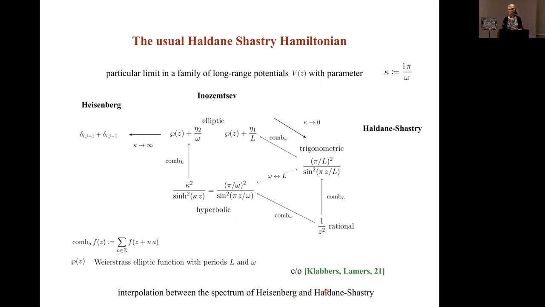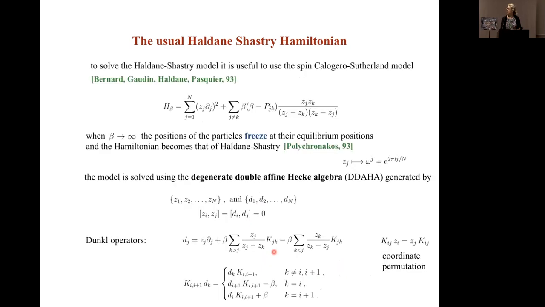There was a nice paper this year by Jules and Rob Klebers, in which they reconsider the problem of two magnons for this complicated model, and they got a few interesting results that simplify the old results of Inozemtsev and his collaborators. So that was to situate a bit the object I'm talking about.